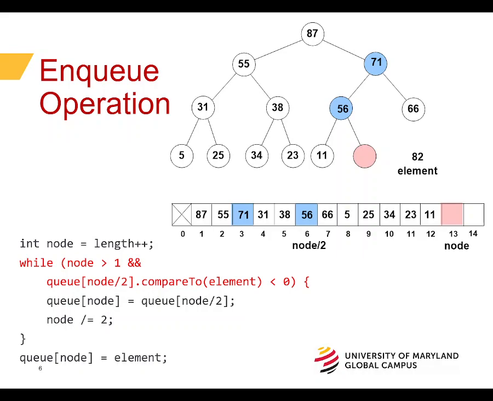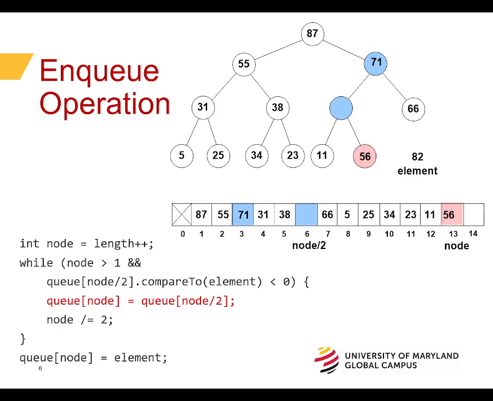The first check is also checking whether we have reached the root of the tree. If not, we compare 56, which is the subscript node over 2, in this case position 6, with what is in the parameter element. Because 56 is less than 82, the loop proceeds.